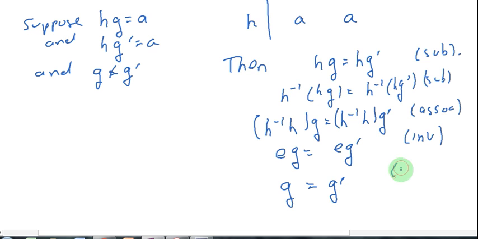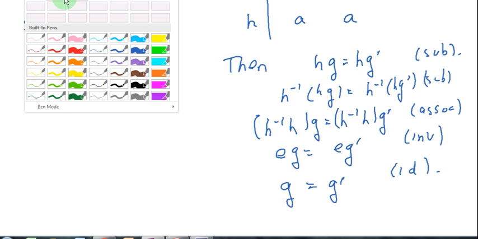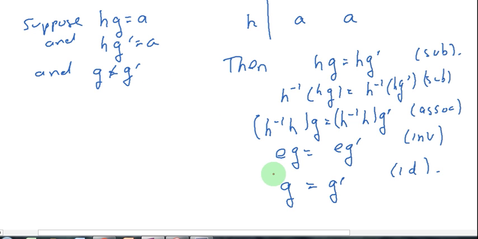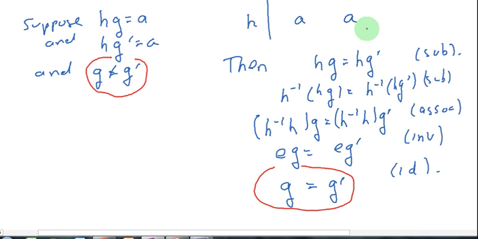It's the identity property. But look here. Here we have G equals G prime. And here we have G unequal to G prime. So this says G equal G prime. This says G is unequal to G prime because we wanted two different row elements to be the same value. So we have a contradiction.